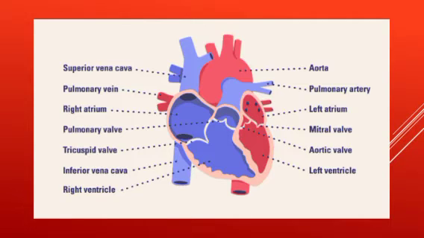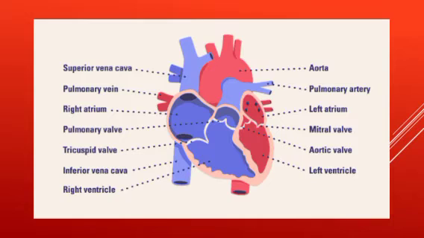From the right atrium, this blood will pass through the tricuspid valves into the right ventricle. Then this deoxygenated blood will be pumped through the pulmonary artery to the lungs for oxygenation.